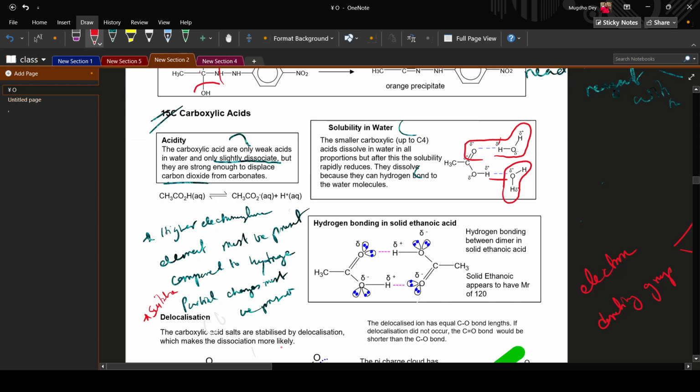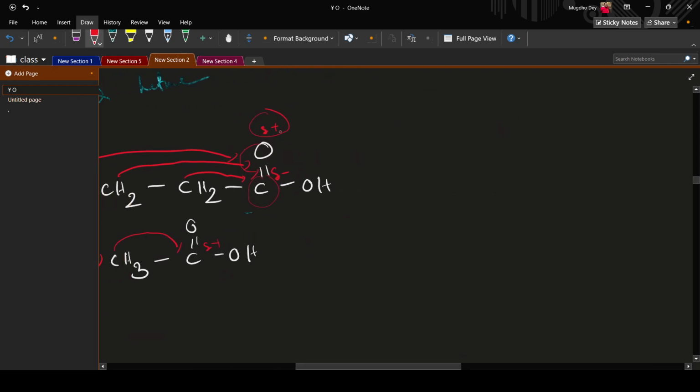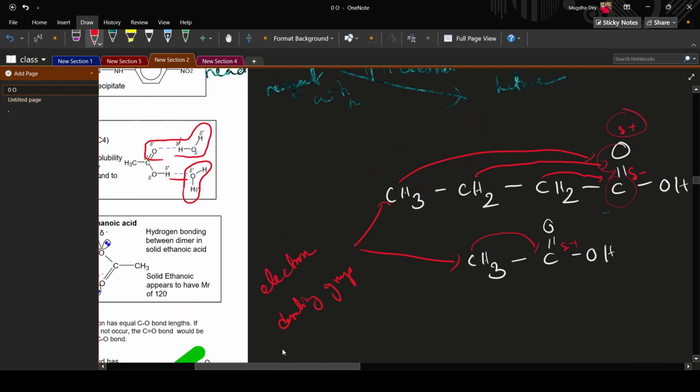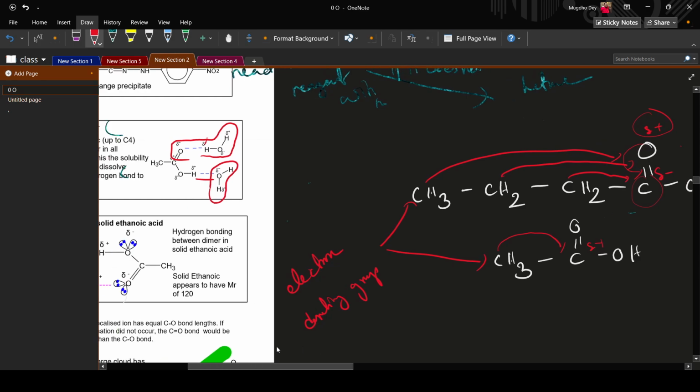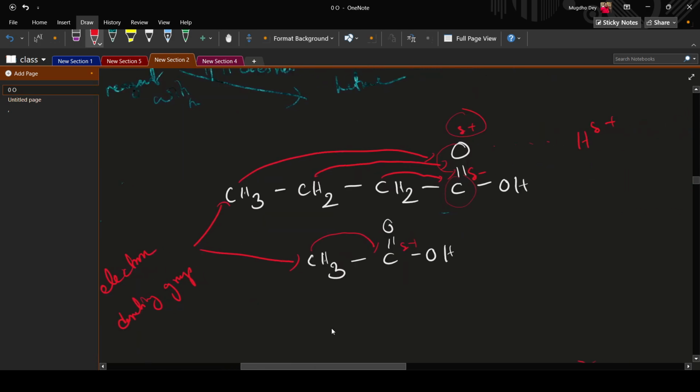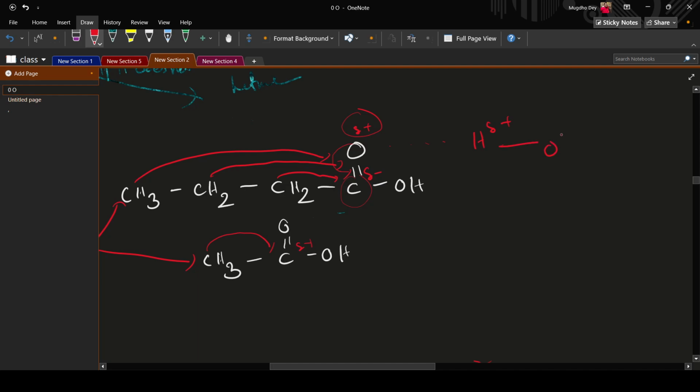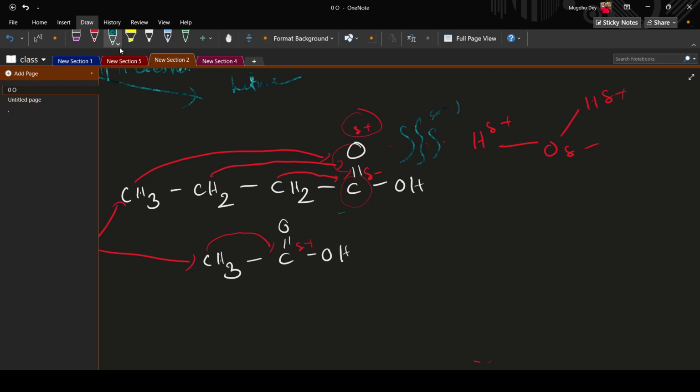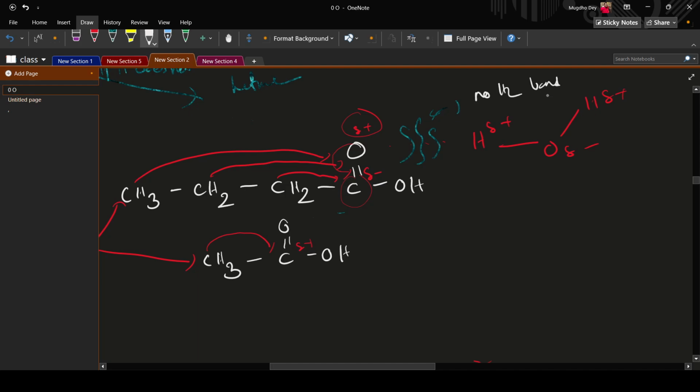So since this one becomes positively charged, it can no longer attract the partially positively charged hydrogen atom from the water molecule. As a result, no hydrogen bond is produced.